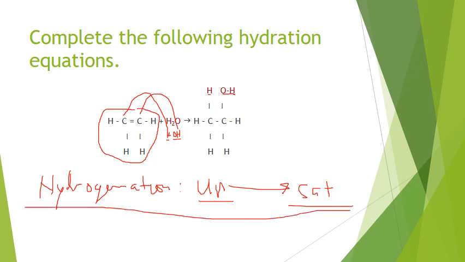In hydration, we're taking an alkene and making what we're going to learn about in the next set of material, an alcohol. So hydrogenation is when you add hydrogens across the double bond, and hydration is when you add water across the double bond.